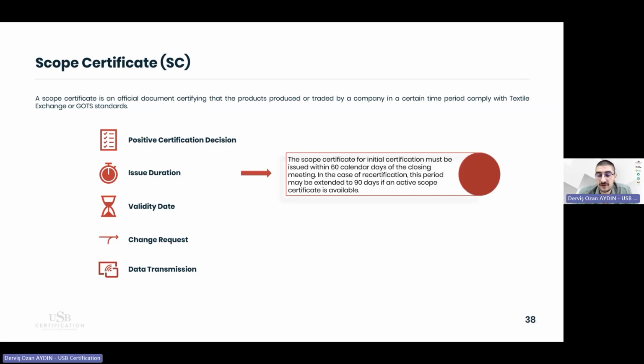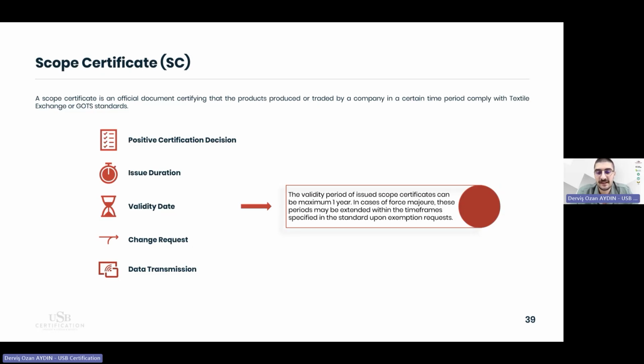Also, after the decision, within 60 days from the closing meeting of the audit, if it's an initial audit, the certificate has to be issued. But if there is a recertification case and an active scope certificate, this period may be extended up to 90 days.